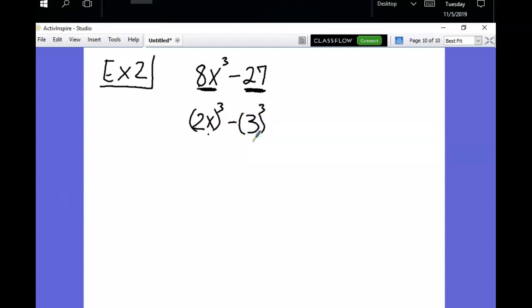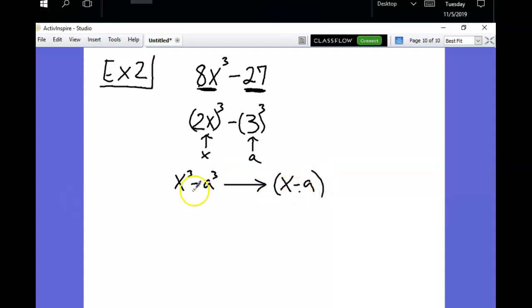So there's that. This is where we're going to put all the ones that say x in our formula, and this is what we're going to put in for all the ones that say a in our formula. And notice this time it's a minus as well. So when we have the minus formula, it takes on this form: x cubed minus a cubed becomes x minus a.